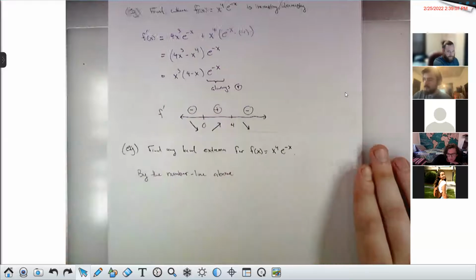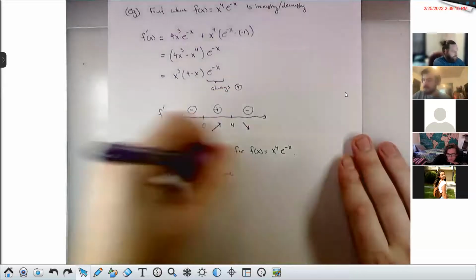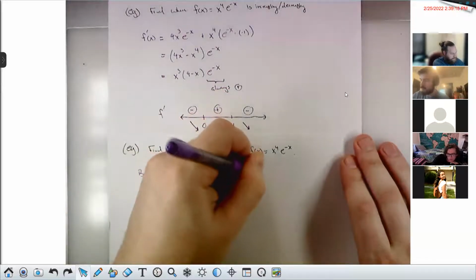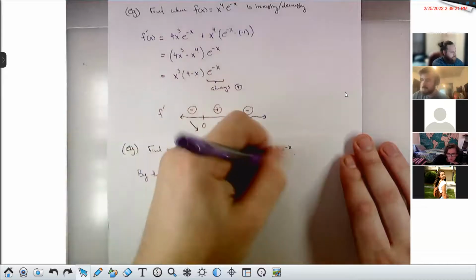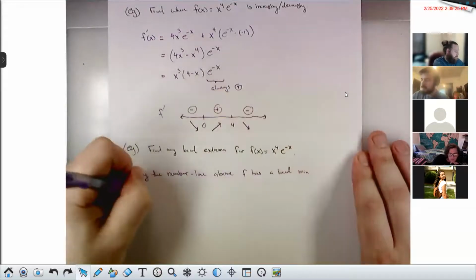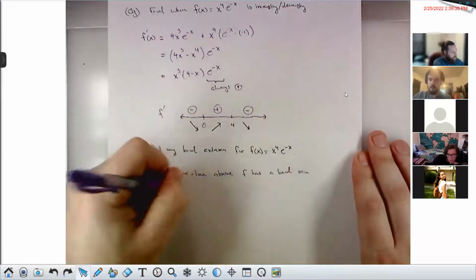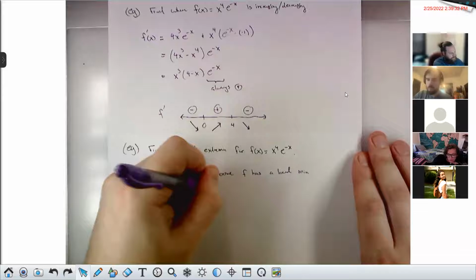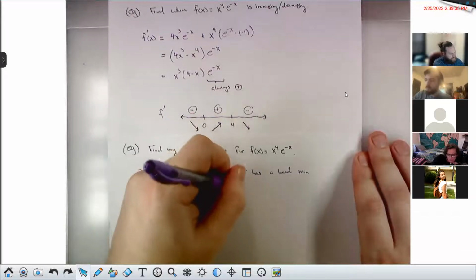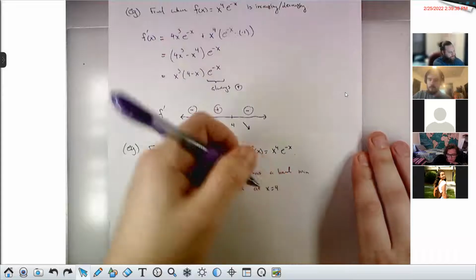Again, I like the number line because I think it's a nice visual way of representing these things that is pleasantly intuitive and very fast. By the number line above, f has a local min at x equals 0 and a local max at x equals 4.